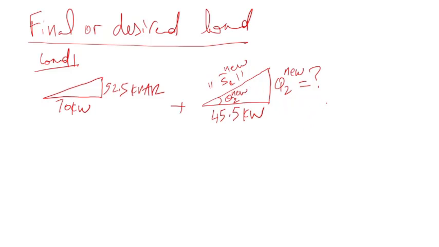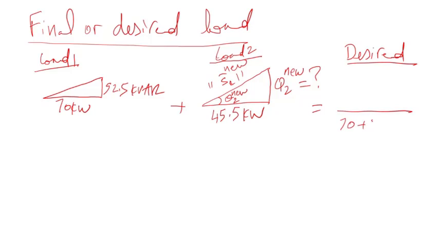So this is load 2, and we want this equal to some desired combined load. Basically, the real part will be 70 plus 45.5, which would be 115.5 kilowatt. And we'll have some Q, and we'll have some S total.